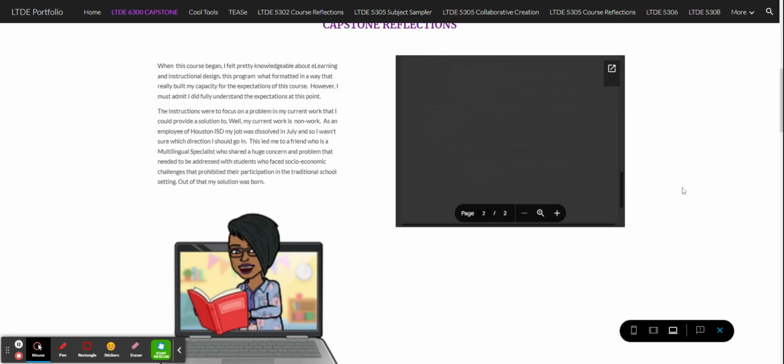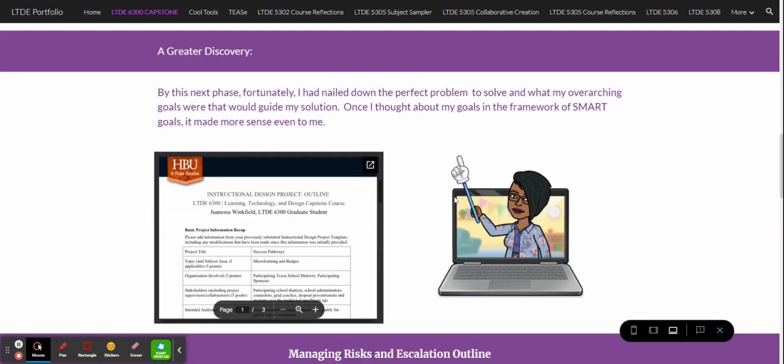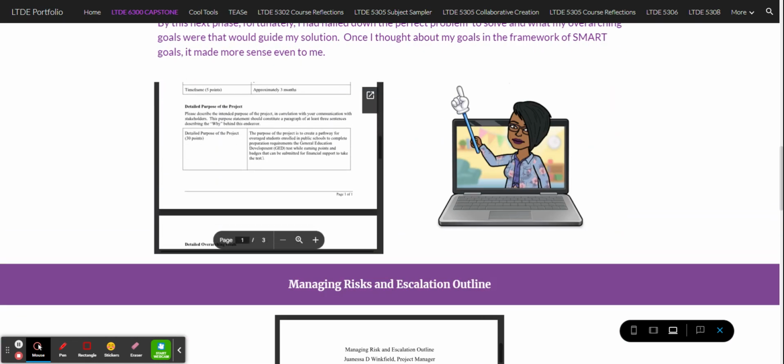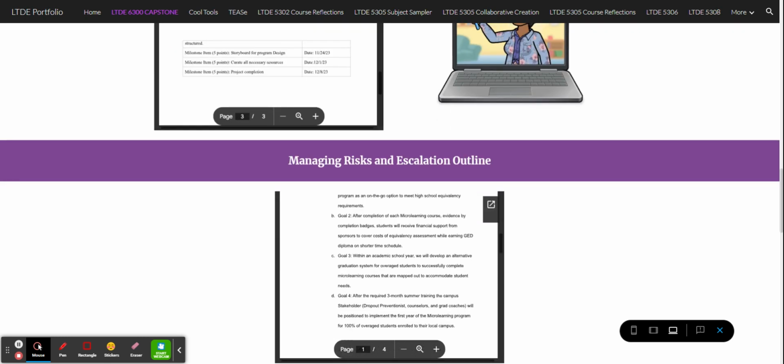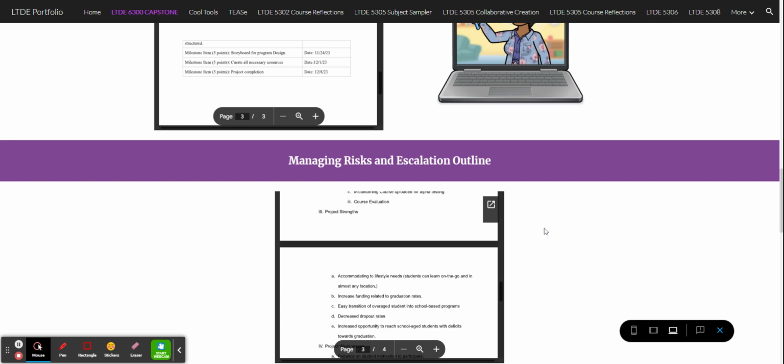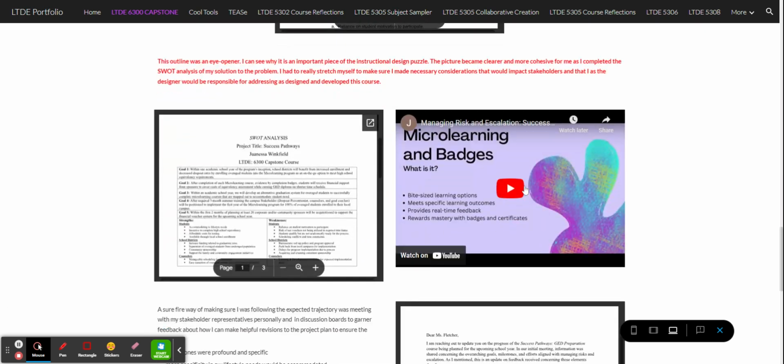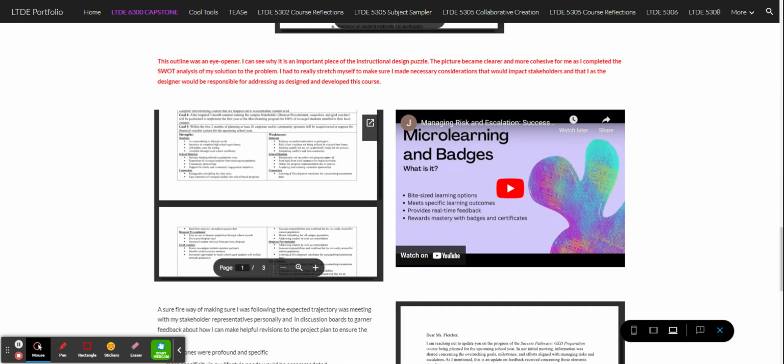So there they are, hyperlinked with information that can be read through for each of these aspects that we were asked to complete throughout this course.